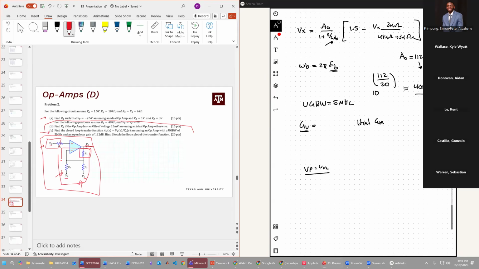So in that configuration, I think it just becomes, I'm going to call the 3K Rx, for example, Rx over Rf plus Rx, something like this. That's why Vx equals Vn. So our transfer function, or our gain, sorry, just becomes something like this.